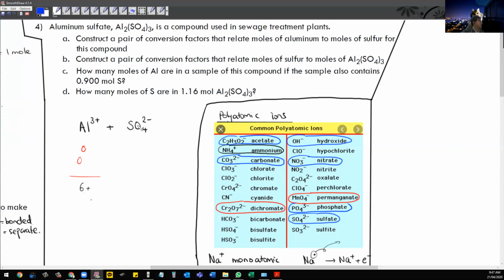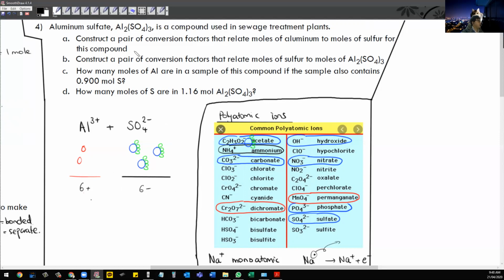And when you have 3 of those, so I'm going to represent it with, so we've got, that's sulfate, SO4. That one there. So let's have 3 of those. And the total charge will be 6 plus, right? A 6 minus.